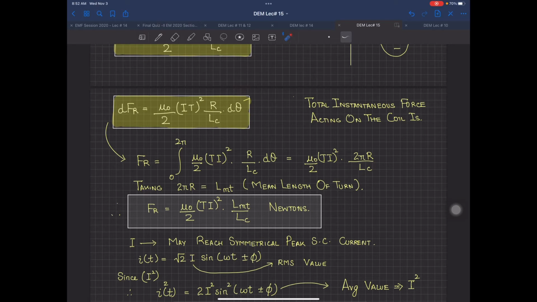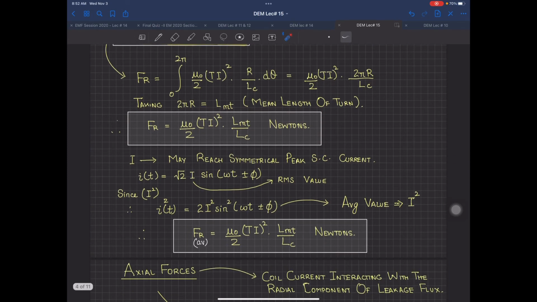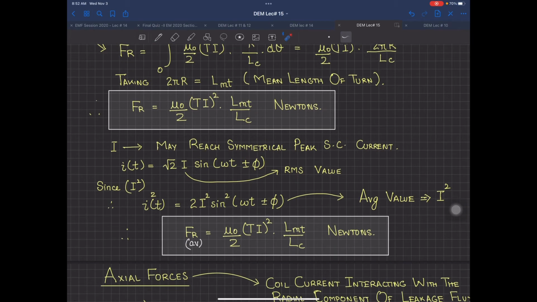So this FR over here is very, very important, and that is dependent upon this current I. Now, just a little note: since I may reach the symmetrical peak, that is the short circuit current from your PSP, you all know symmetrical and unsymmetrical components, I'm not going into that detail.